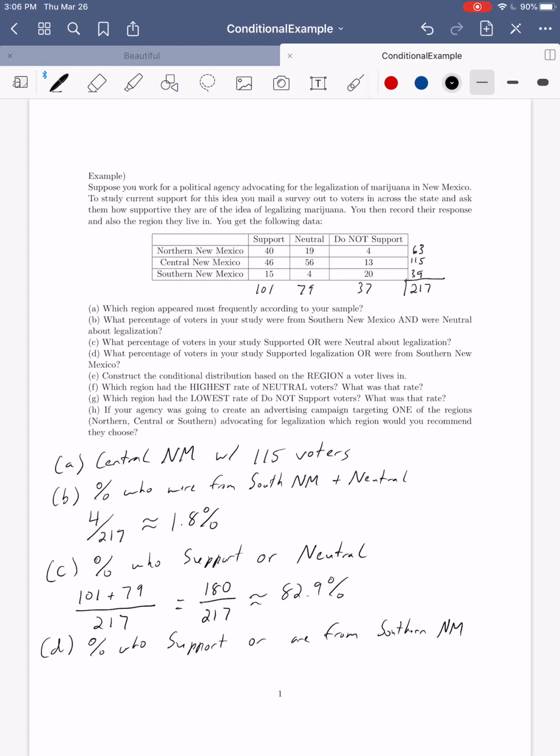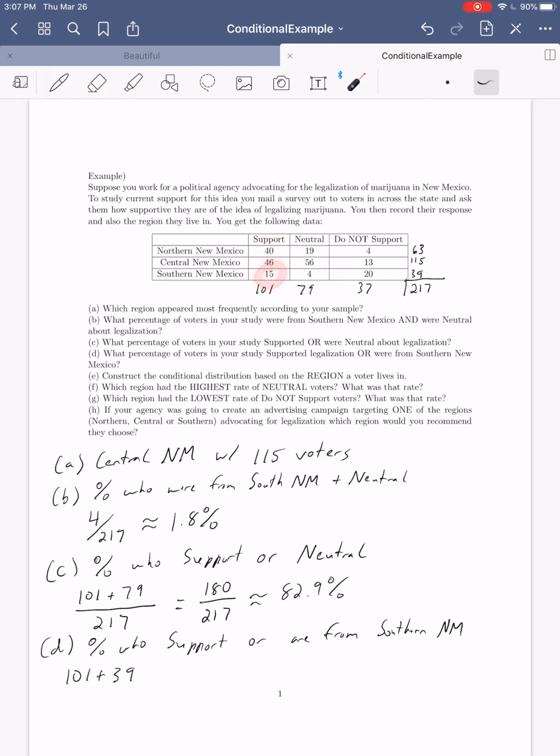So we should begin by taking that 101 and adding that 39. But we need to be careful here. If you think about where those numbers come from, this 101 comes from adding up these 3 values, whereas this 39 comes from adding up these 3 values. But notice these 3 values and these 3 values have an overlap.